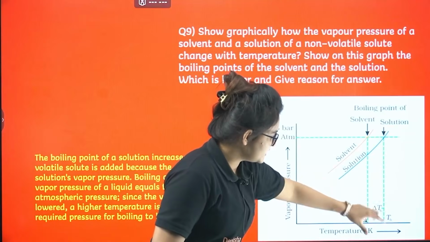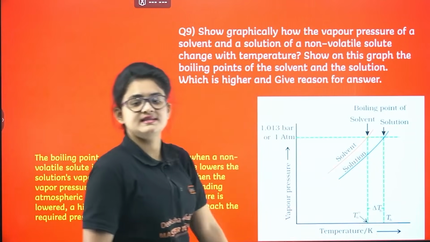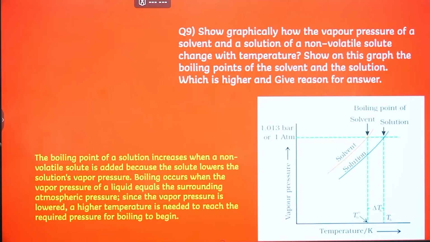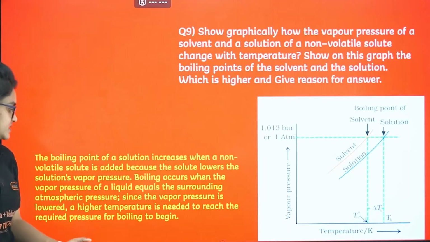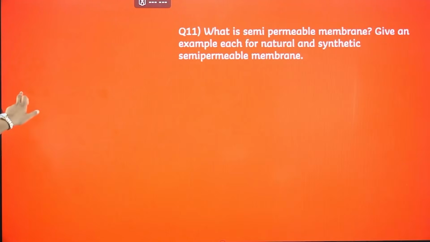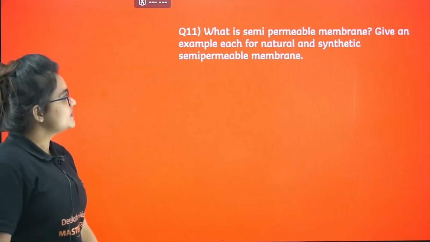Okay, and this particular difference is basically called delta TB. Okay, so this is the entire thing. So boiling point basically increases. So elevation of boiling point is something that we observe here. Okay, I guess it's clear. Let's proceed further. What is a semi-permeable membrane?